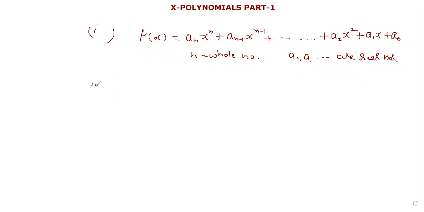Then second thing is, what are the zeros, or we can say roots also sometimes, roots of a polynomial.